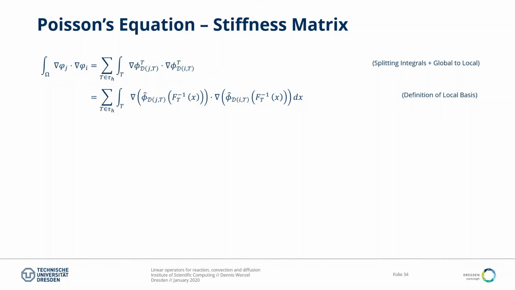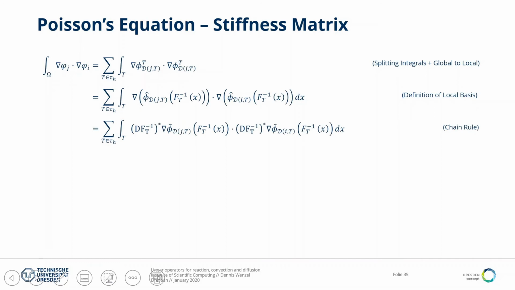Here, when you talk about gradients, it's important to mind the brackets, because you want to form the gradient of the transformed basis function. And that's also the key difference here. That's the only thing that wasn't present before. If you evaluate this gradient of this concatenation of phi hat with ft inverse, then you need to apply the chain rule.